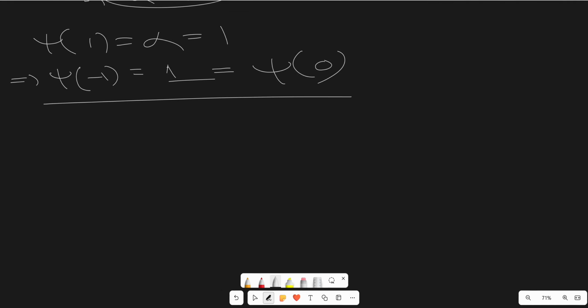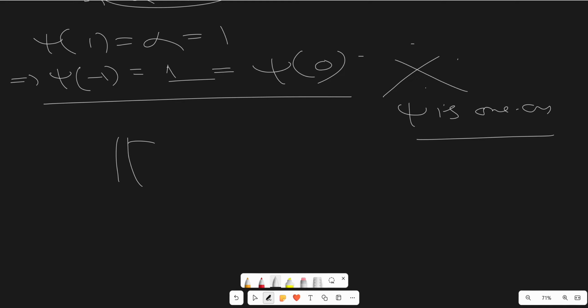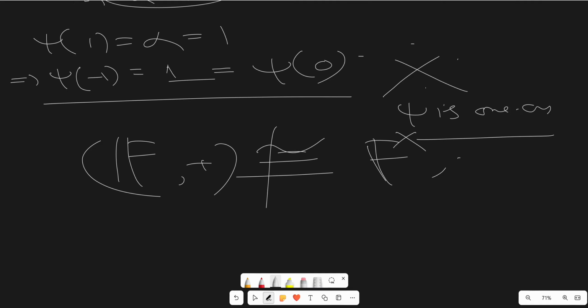So this is contradicting the fact that psi is one-to-one. So it cannot happen. So this f plus cannot be isomorphic with f star dot.